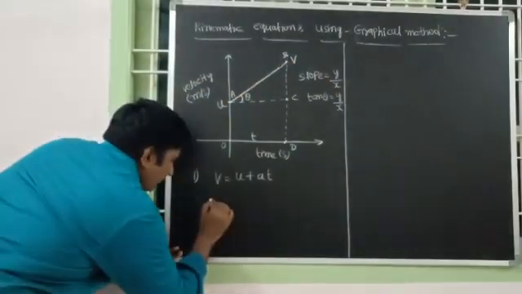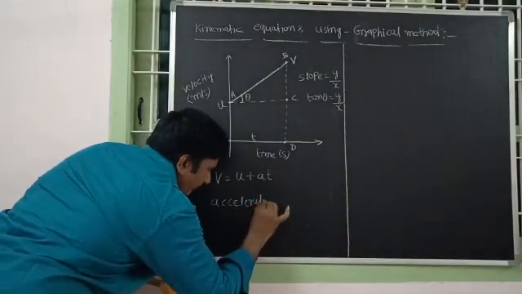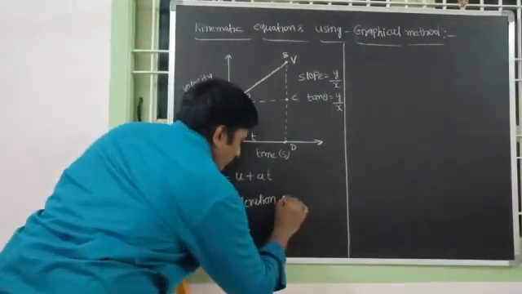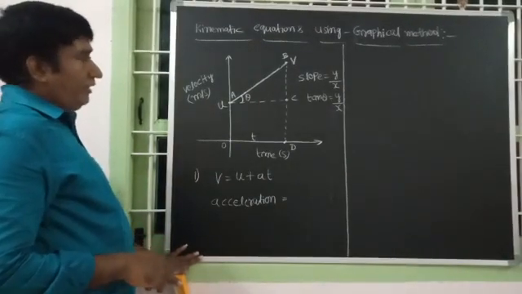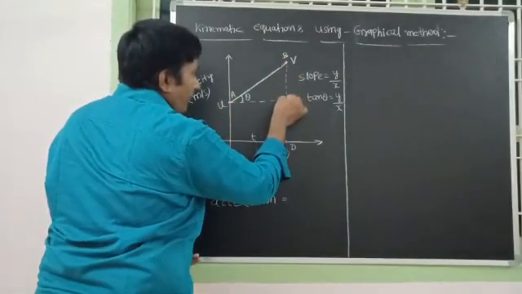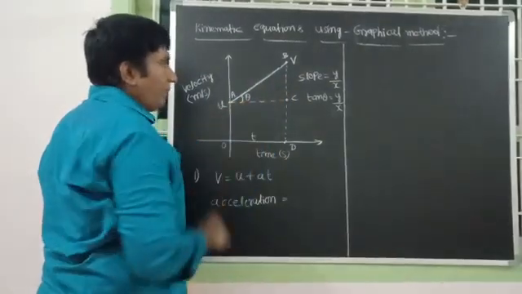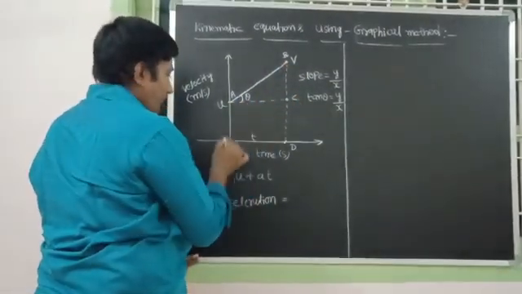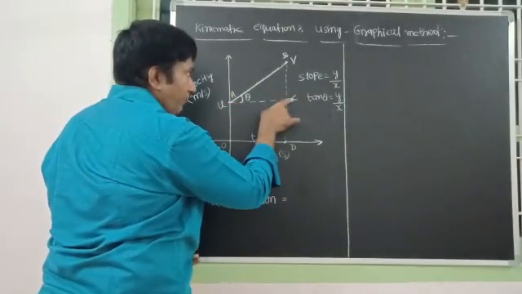So with the help of this, acceleration is equal to opposite side by adjacent side. What is the opposite side for this triangle ABC? If this is theta, this will be the opposite side, B to C. O to A is the initial velocity, so D to C will also be the same.